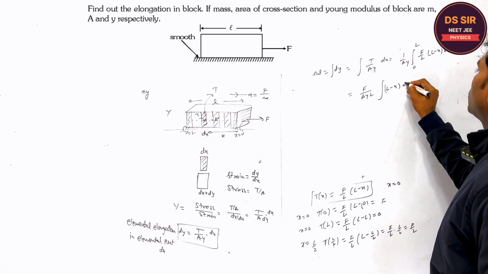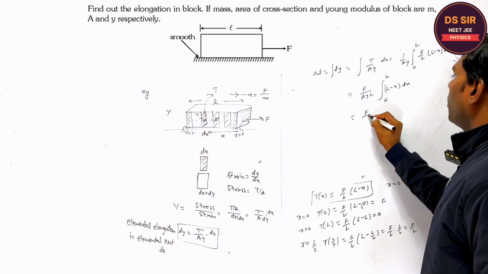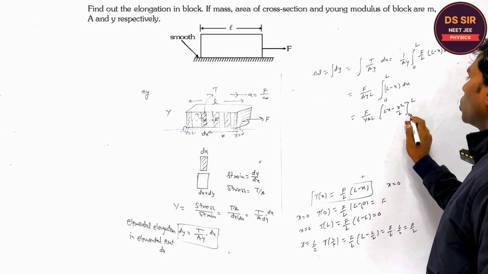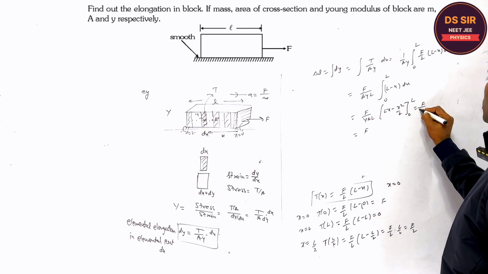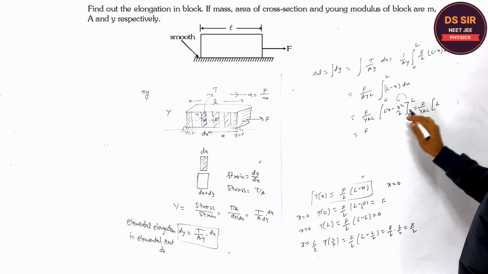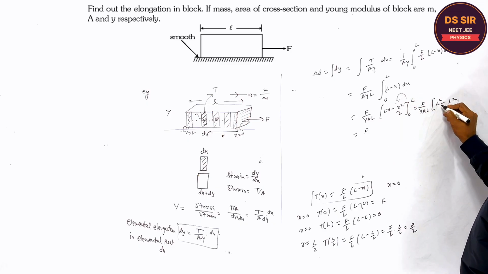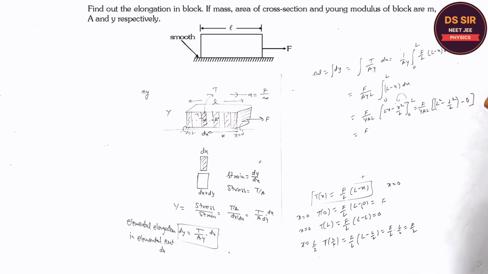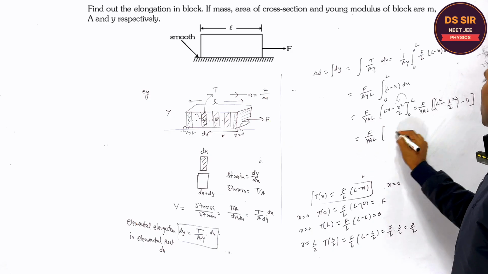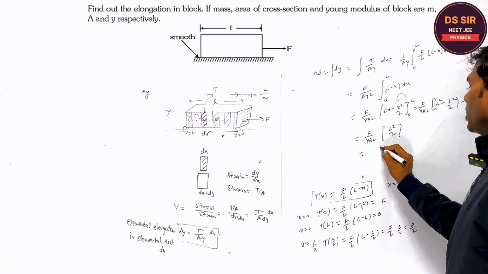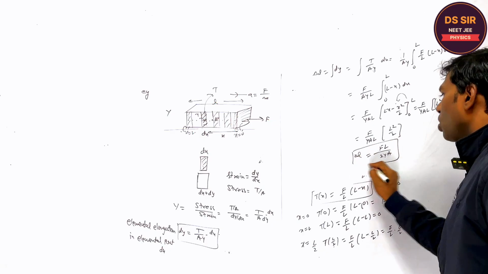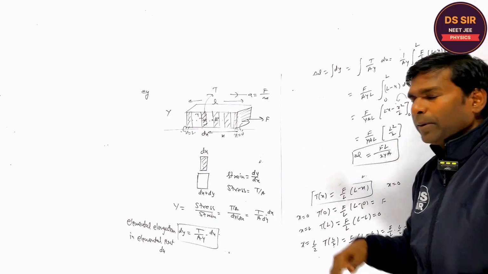This is (L minus x) into dx from 0 to L. F upon Y A L into [Lx minus x square by 2] from 0 to L. Put the upper limit: L into L, L square by 2, minus 0. So this is F upon Y A L into L square by 2, which is F L upon 2 Y A. This is the total elongation in the rod when a force F is applied.